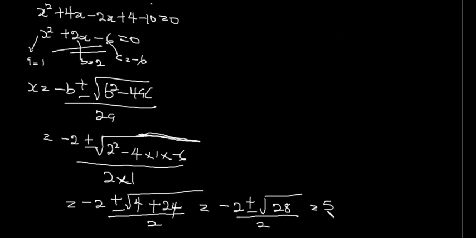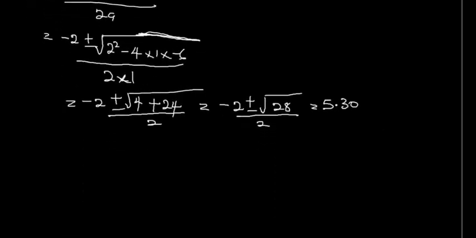This will give us 5.30. That's the square root of 28. So we have minus 2 plus or minus 5.30 all over 2.